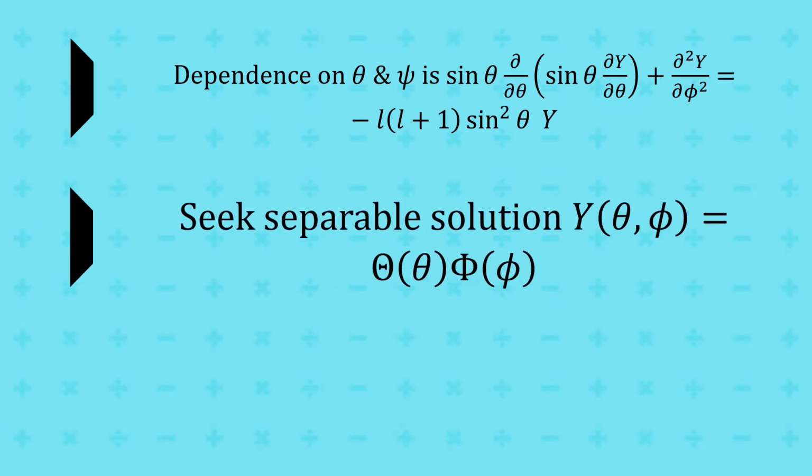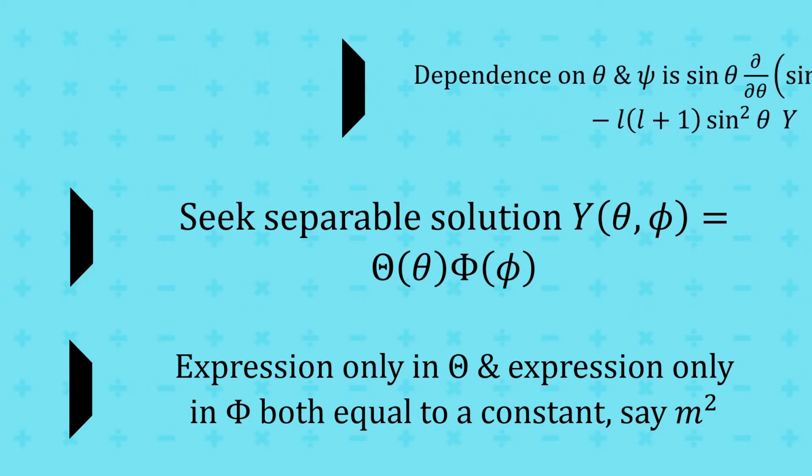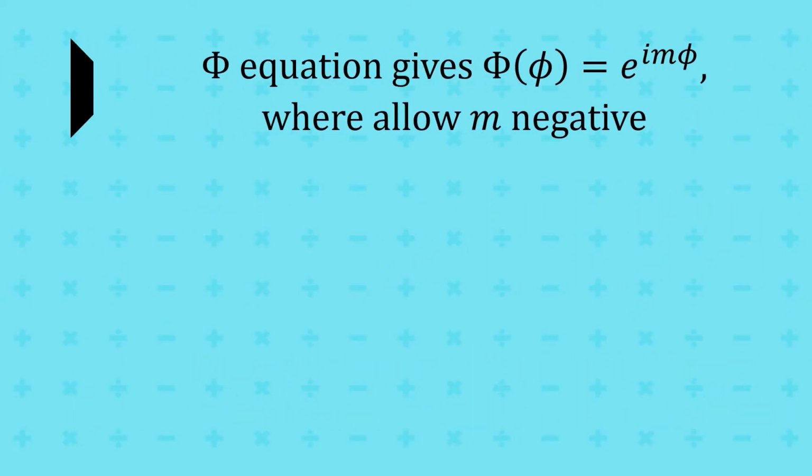The dependence on theta and phi can be written as this equation here, and again we seek a separable solution splitting up the theta and phi. Using the standard approach to find separable solutions, we end up with an expression only in terms of theta and an expression only in terms of phi, both equal to a constant, which we call m squared.